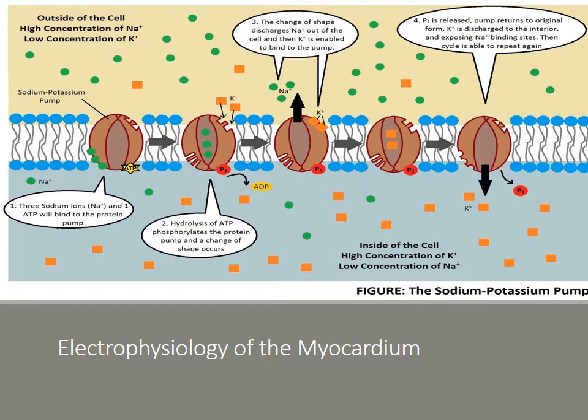In the third, the change of shape discharges sodium out of the cell, and then potassium can bind to the pump. Here, you can see that potassium is released and the pump returns to its original form. And the cycle repeats again.